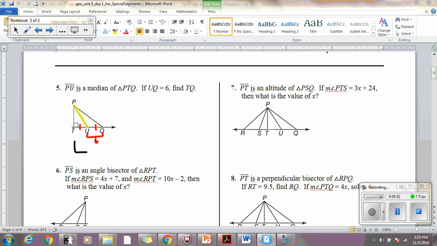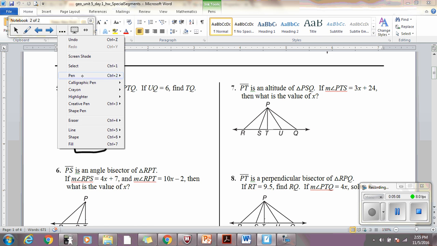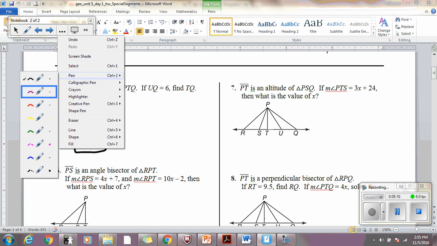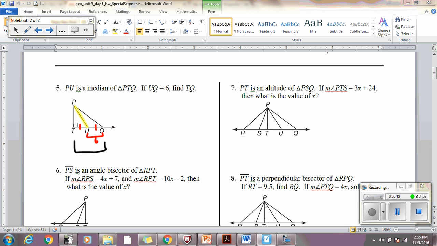P to Q would be this whole thing. So I know that I could say this is part, and this is whole. So we have segment addition, part plus part equals whole.